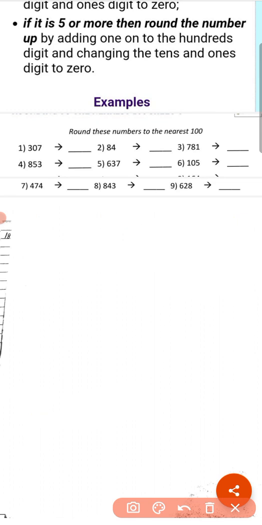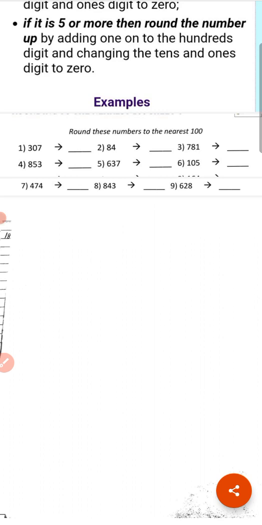Okay. So children, to round a number to the nearest 100, look at the tens digit of the number. If the tens digit is less than 5, that is 0, 1, 2, 3, 4, then replace the tens digit and ones digit by 0. Then keep the digit at the hundreds place as it is.